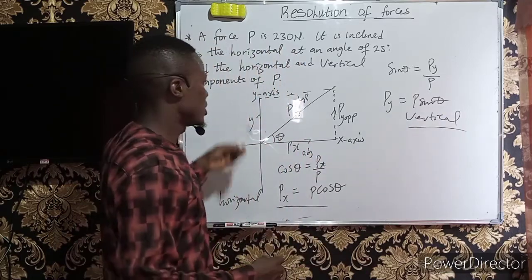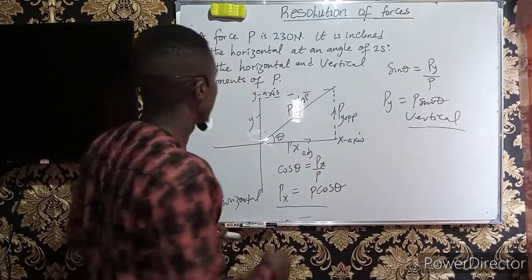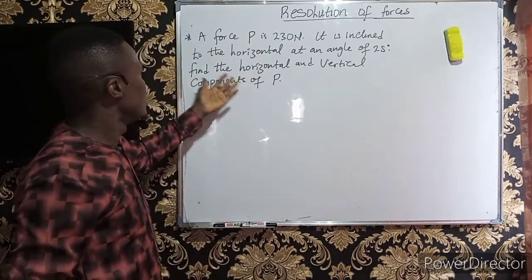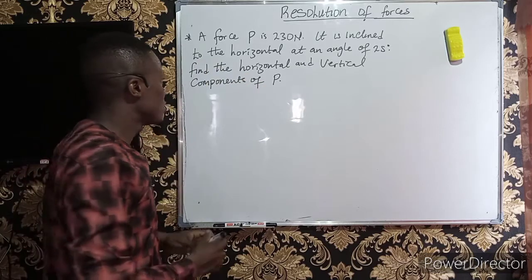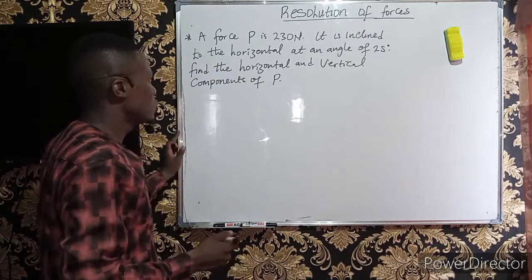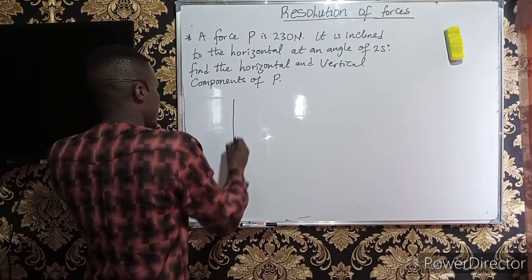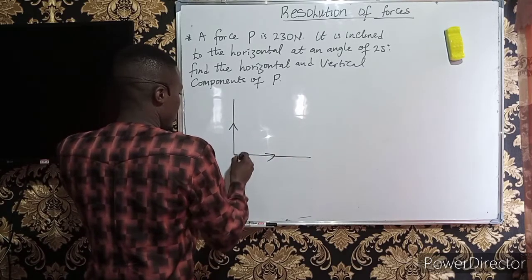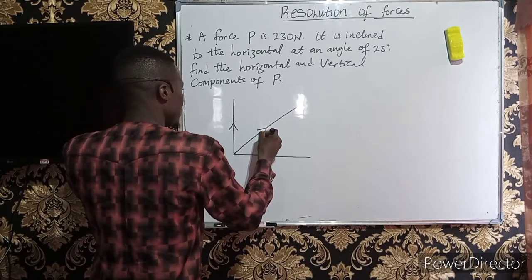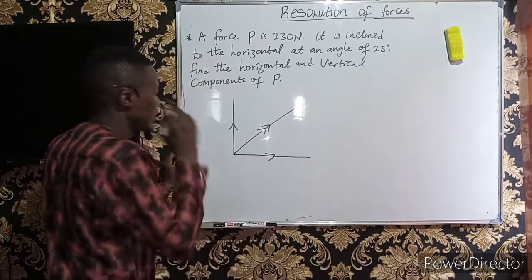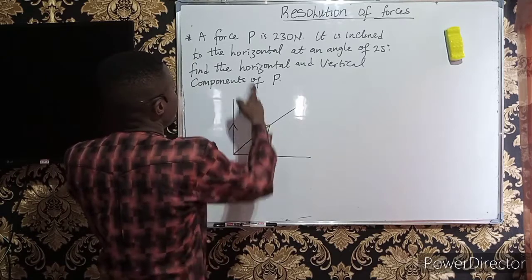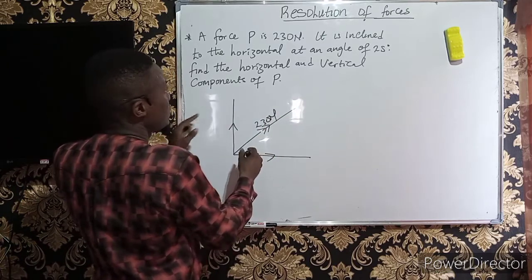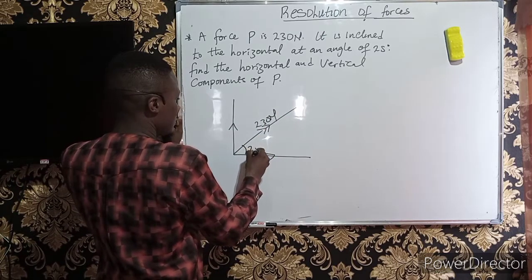Let us take this question to understand what I'm talking about. A force P is 230 Newton. It is inclined to the horizontal at an angle of 25 degrees. Find the horizontal and vertical components. So let's say these are the vectors we are talking about, and this is the resultant, the force of 230 Newton inclined to the horizontal at an angle of 25 degrees.